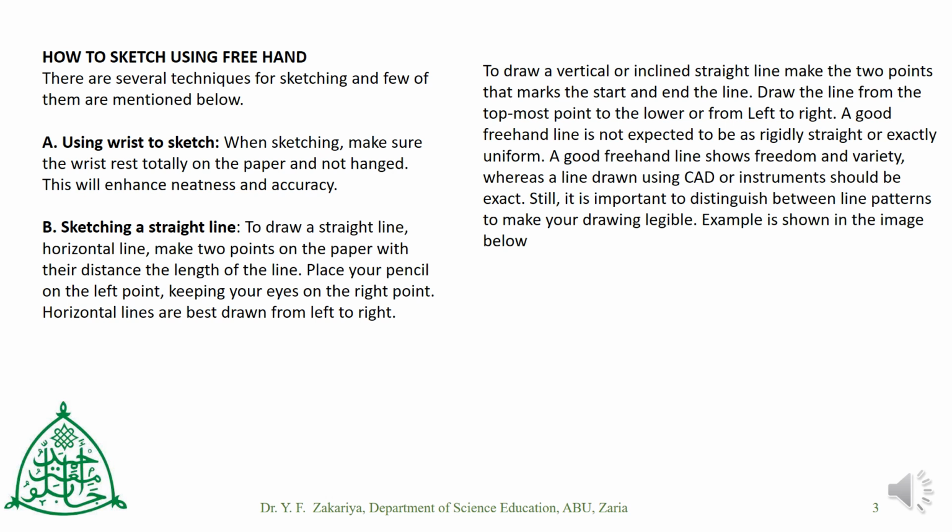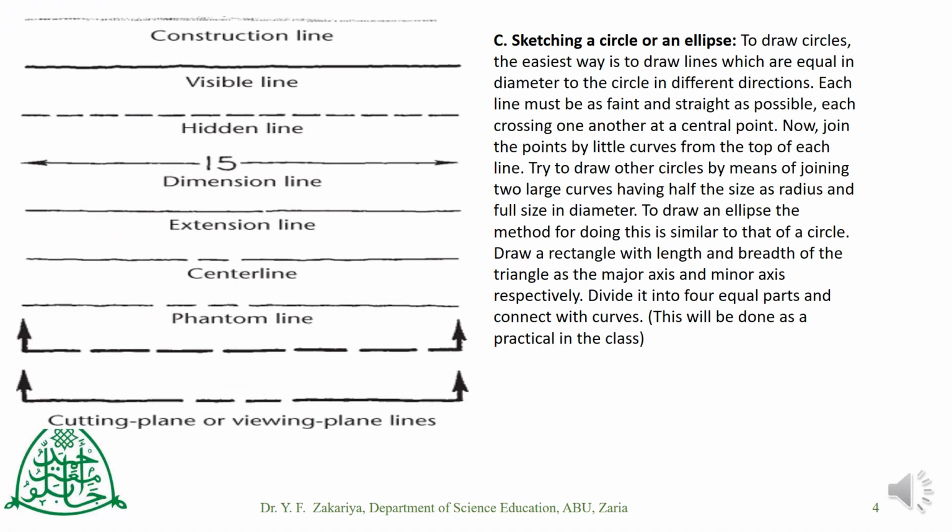Still, it is very important for you to distinguish between line patterns to make your drawing legible. Examples are shown in the image below. We have the visible line, the hidden line, dimension line, extension line, center line, and phantom line.